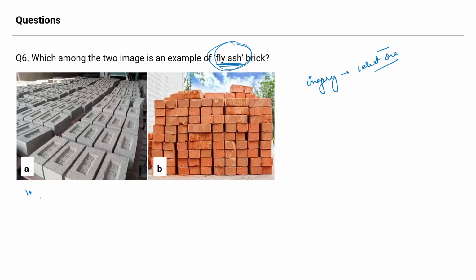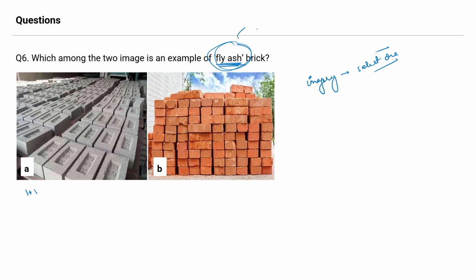A. Okay. Anyone else? So how did you guess it? If you can please tell why A and how did you guess it? Sir, industries are releasing most of the dust.